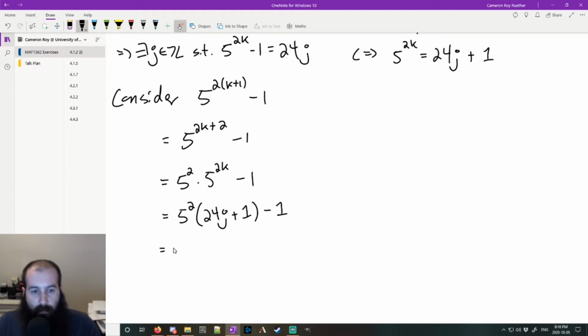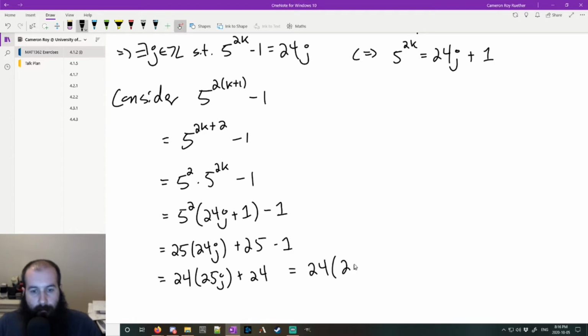This is 25 times 24j plus 25 minus 1, which is 24 times 25j, just swapping the 24 and 25, plus 24. And now 24 factors out nicely. We get that this is 24 times 25j plus 1, which is a multiple of 24.